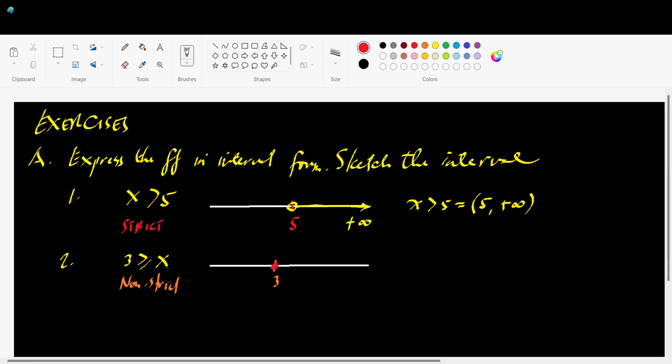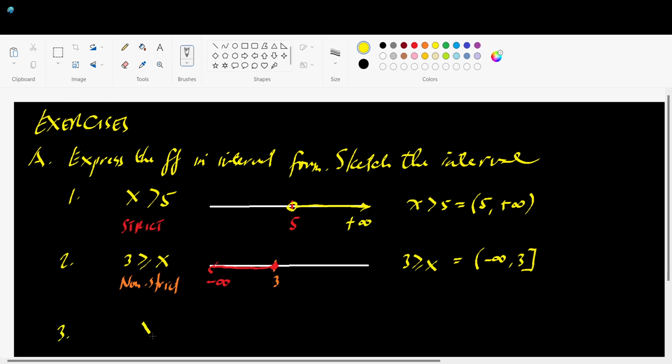Okay, x is less than or equal to 3, or 3 is greater than or equal to x. So that means that the x's are to the left of 3. So negative infinity. In interval form, 3 greater than or equal to x is the same as negative infinity up to 3, closed bracket at 3, since the endpoint is included.